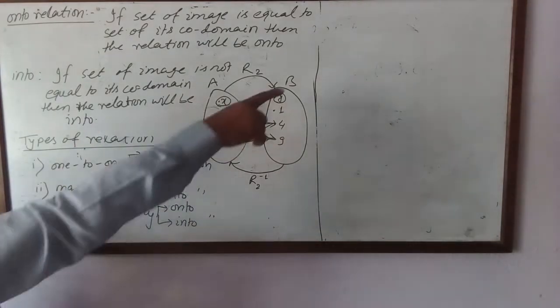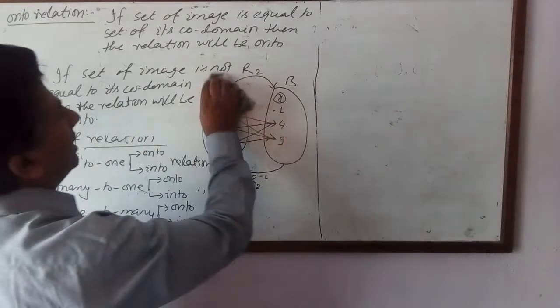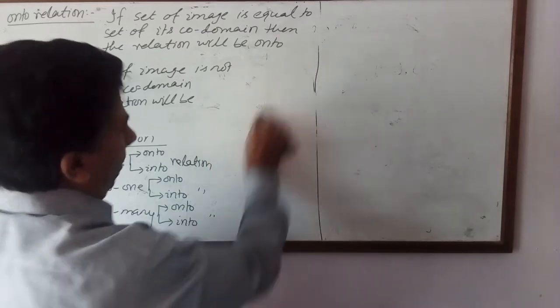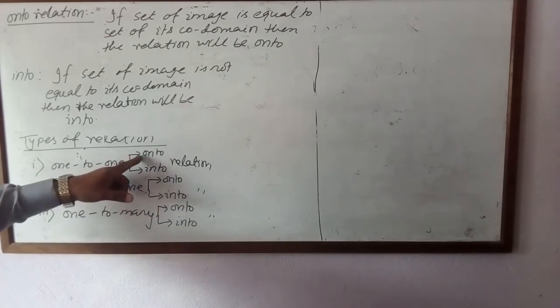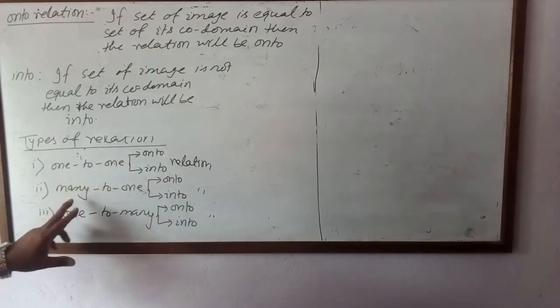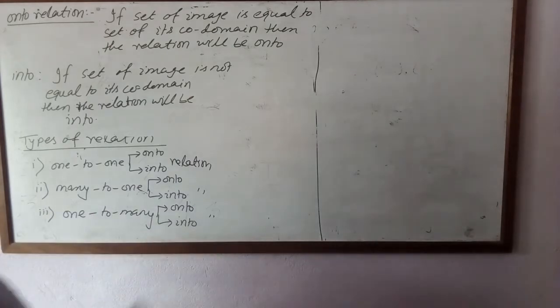There are three types of relation, and each type is again onto and into: one to one onto, one to one into, many to one onto, many to one into.